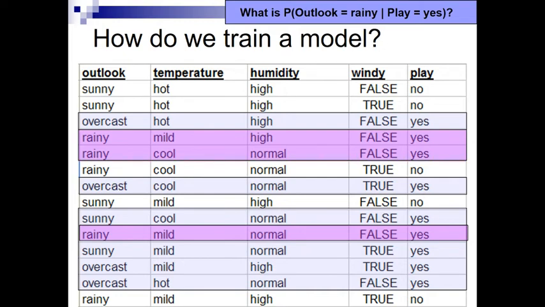And you can see that there are 3 that are rainy and yes, and there are 9 that are yes. So a third of the ones that are yes are rainy, which means that the probability of outlook rainy given play is yes is 1/3.